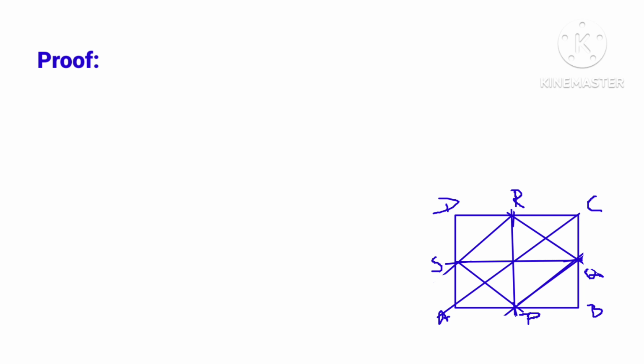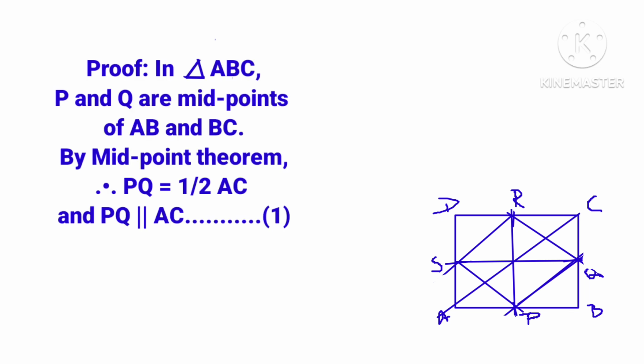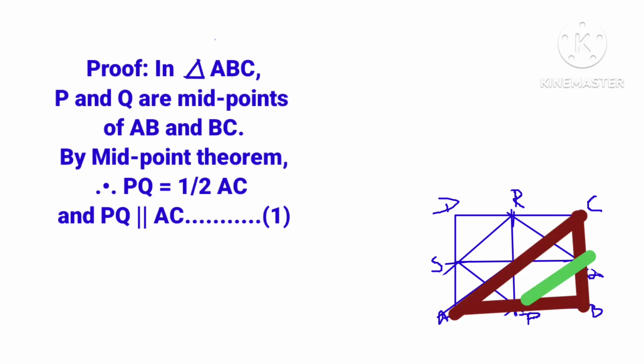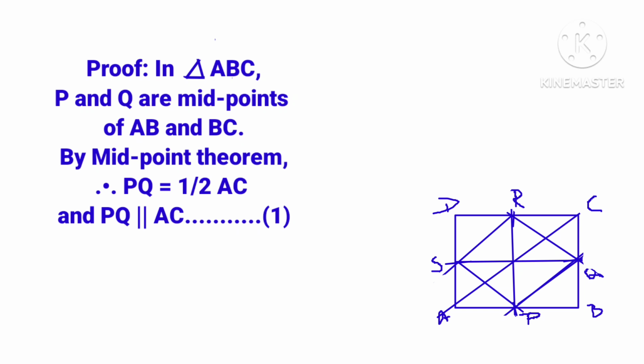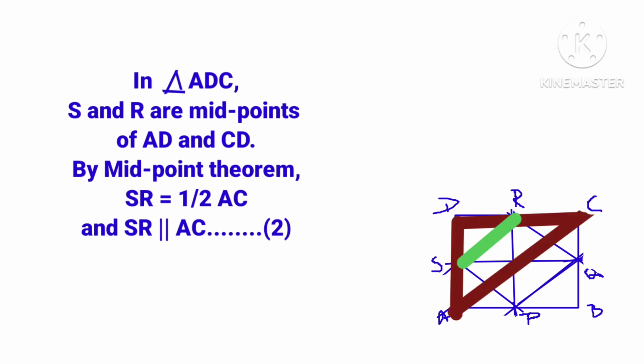In triangle ABC, P and Q are midpoints of AB and BC. By midpoint theorem, PQ is equal to half of AC and PQ is parallel to AC, equation number 1.